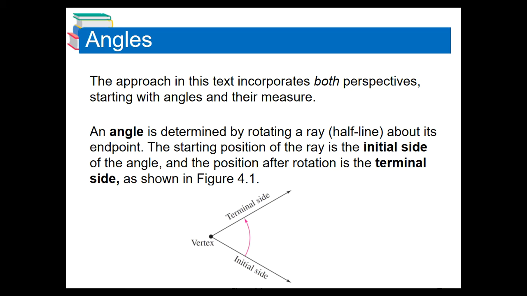And as the terminal side moves away from the initial side, that's the angle that is created. Notice the vertex is still the corner of it. But when you're dealing with trigonometry, we do sort of look at this angle as there's an initial side where it starts, and then you can open the angle up, or you can even open it down to create different angles.